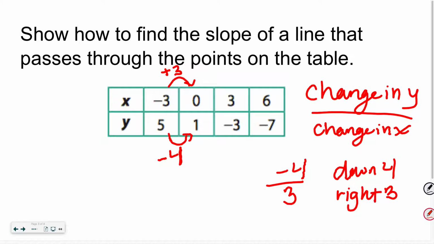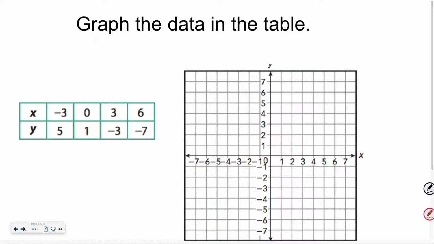Because our slope is negative. Okay. So because our slope is negative, we know that our line is going to go down. So now we found out our slope. What was it? What was our slope? -4/3.